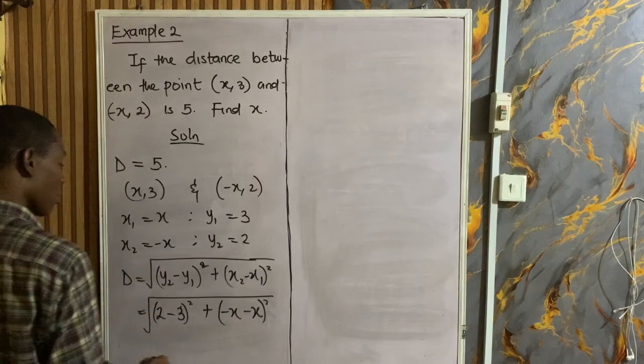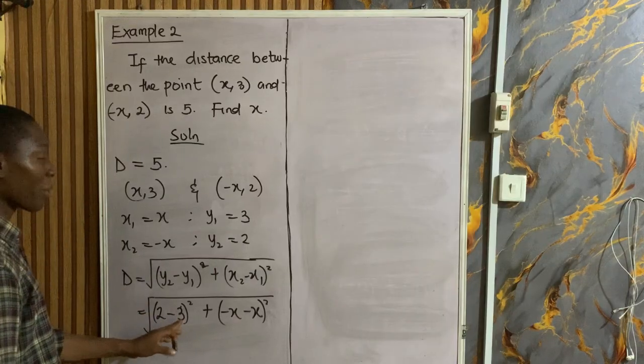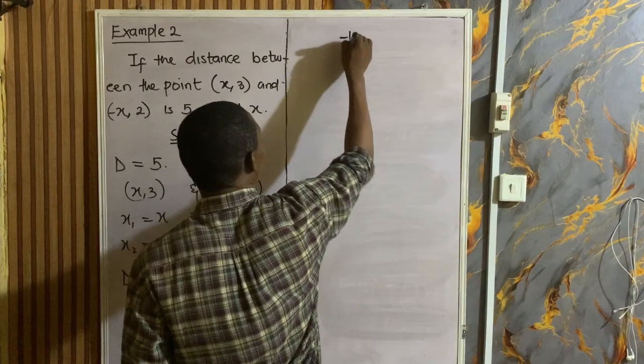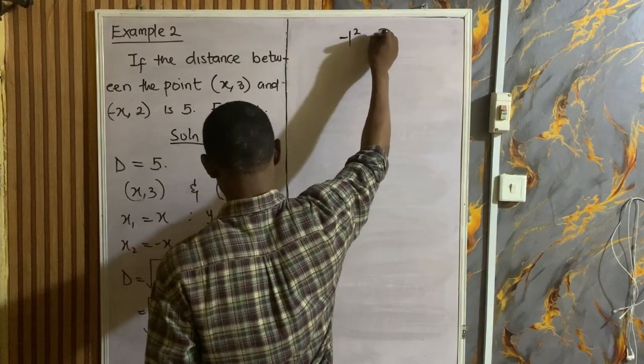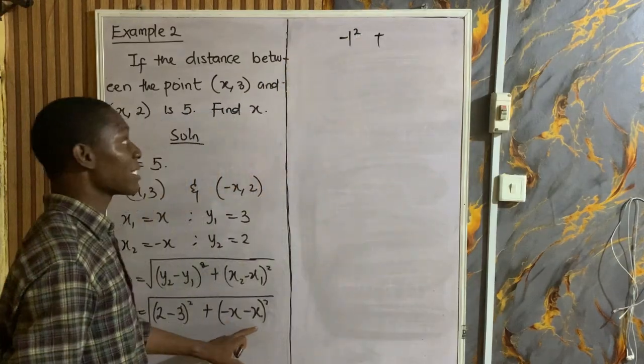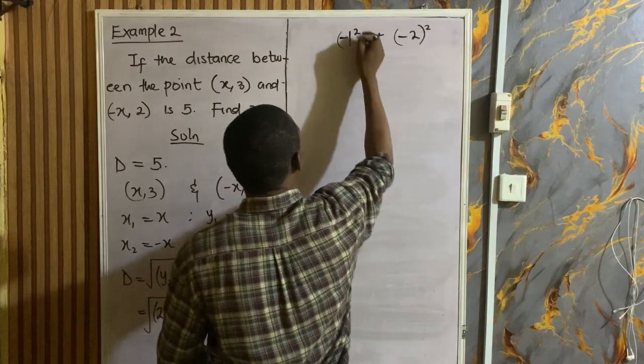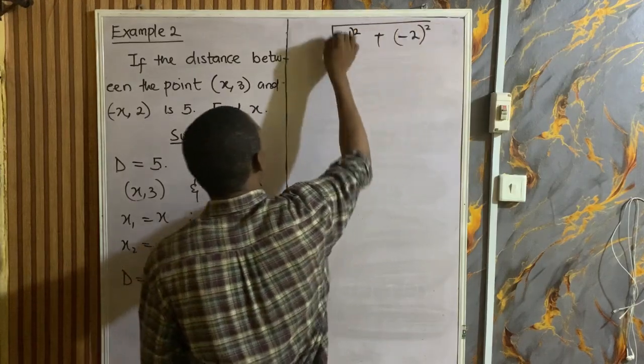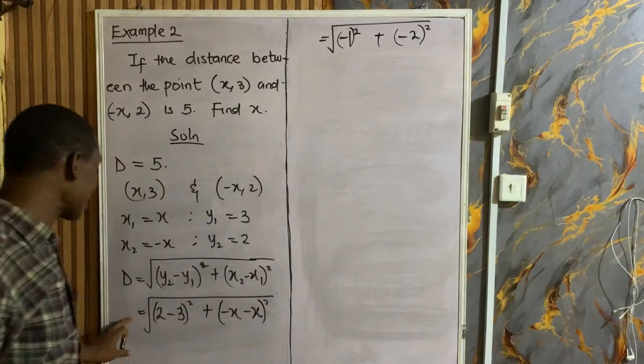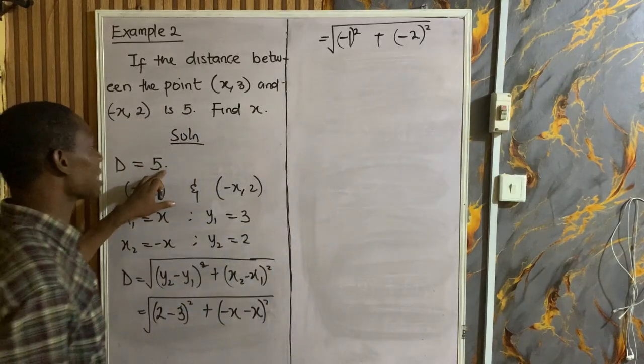So from here, 2 minus 3 will give us -1. So I have (-1) squared plus -x minus x will give us -2x, all under the square root, is equal to the distance, which has been given to us already, and that distance is 5.